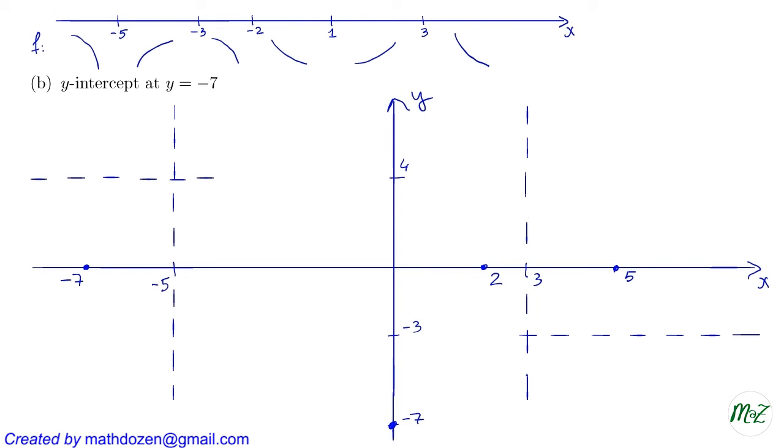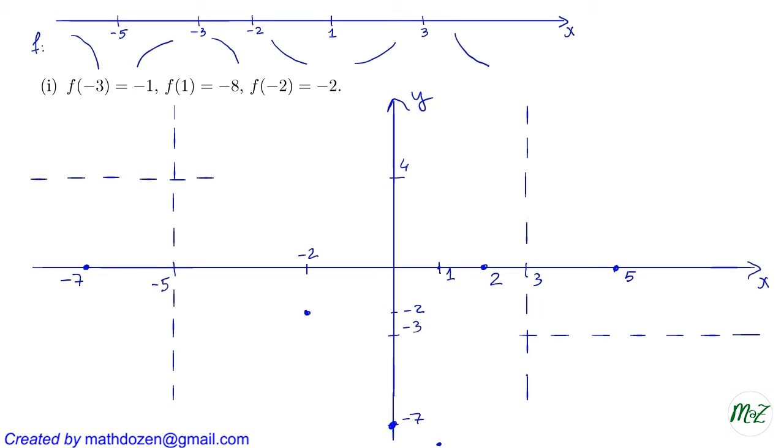And for the next item we have the values of the function. f at -3 is equal to -1, f at 1 is -8, and f at -2 is -2.